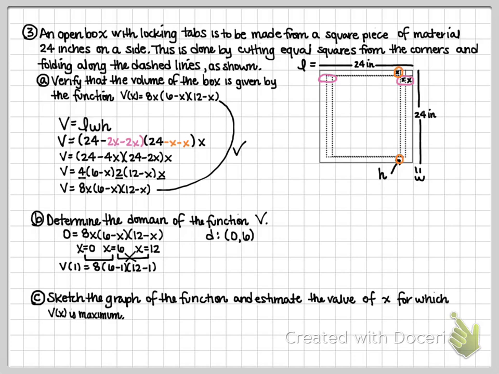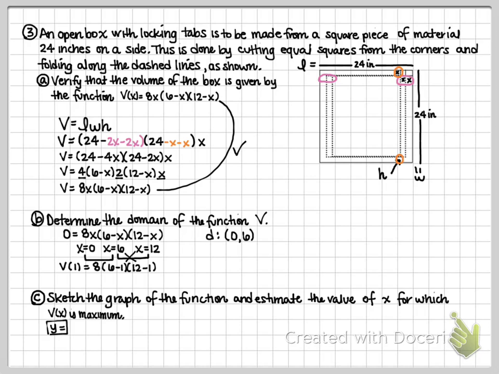Okay, so we have the next part, question C, that goes along with this one. And I want to sketch the graph of the function and determine really where the maximum volume is. All right, so I'm going to do exactly what I did in previous notes with some calculator-driven problems. So first thing I'm going to do is go to my y equals button.